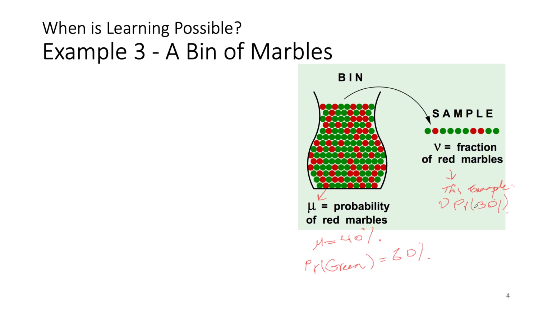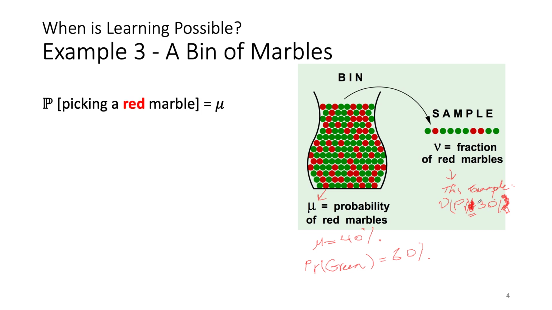So the probability of nu, or v, the fraction of red marbles in our sample, became 30%, right? But we knew that mu inside the bin was 40%.